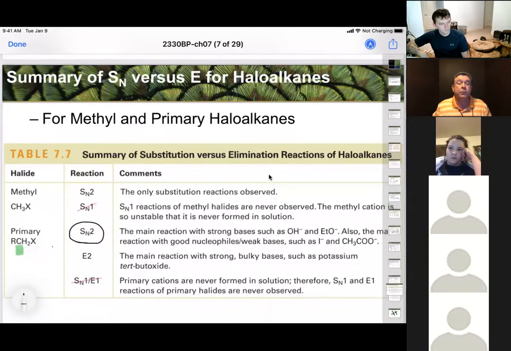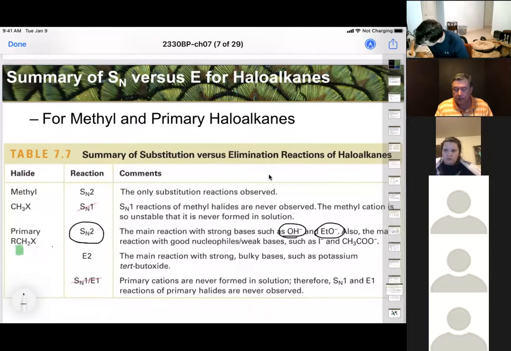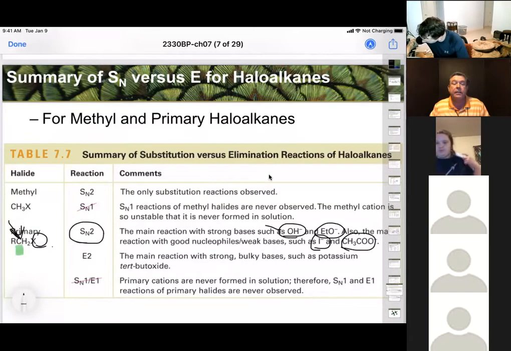This reaction happens with strong bases and strong nucleophiles, because it can easily come in from the backside and kick out the leaving group. It's more likely to act as a nucleophile. And things that aren't very basic, like iodide and acetate ion, but are still good nucleophiles, will also come in and do the substitution reaction.